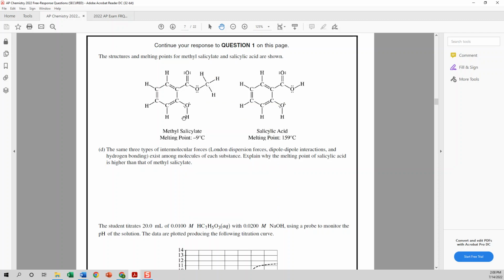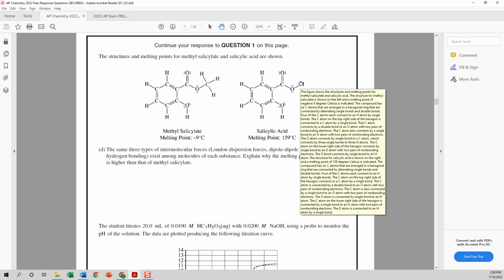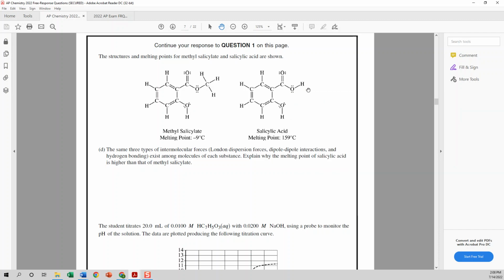If you were one of my students, you'd know what a FON bond is, but it has one of the special bonds for hydrogen bonding. But notice this has two. This has two sites for hydrogen bonding. You have a FON bond here and you have a FON bond here. They're both polar, so they both have dipole-dipole interactions. They both have FON bonds, so they both have hydrogen bonding, but this has more FON bonds. So more possible hydrogen bonding, so it takes more energy to separate.